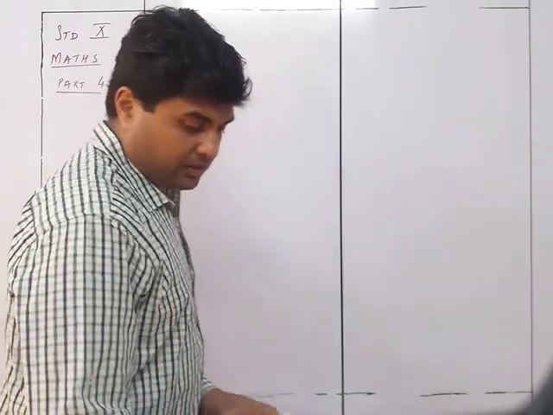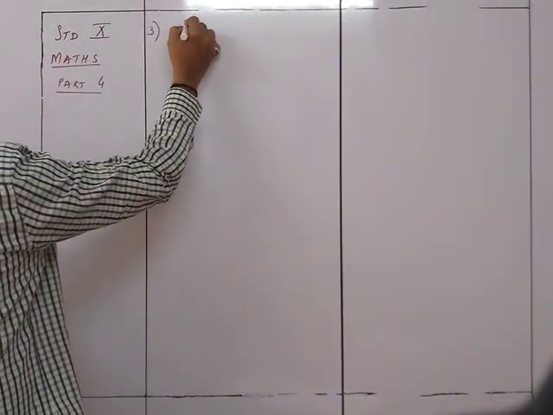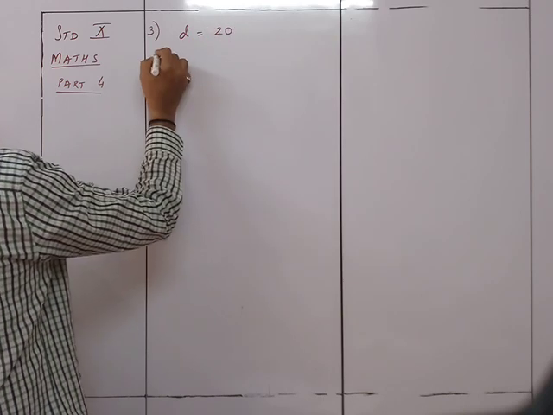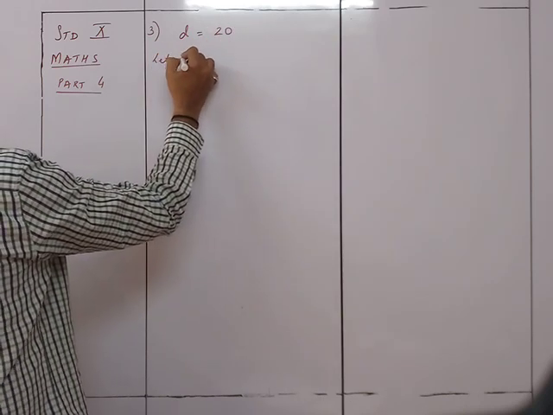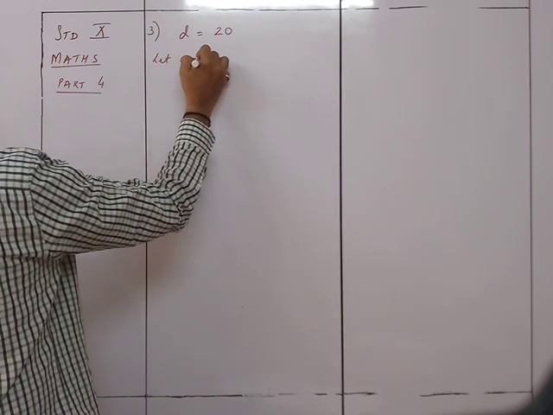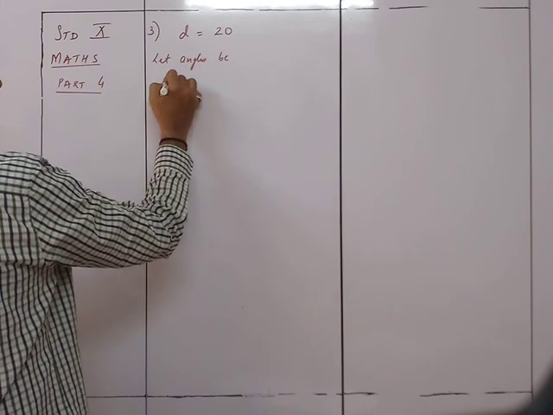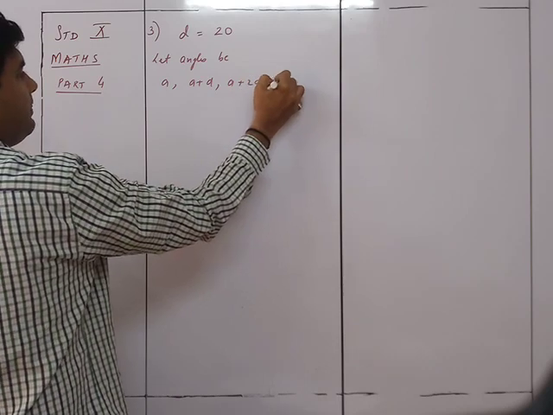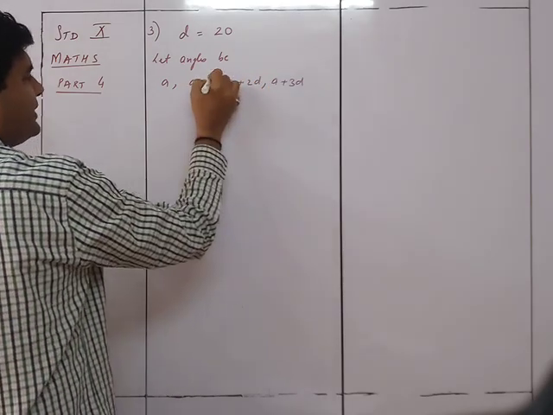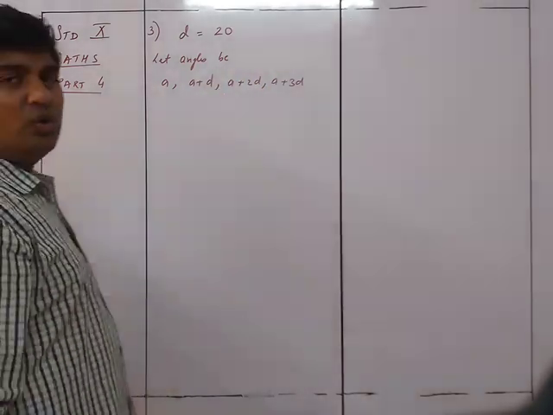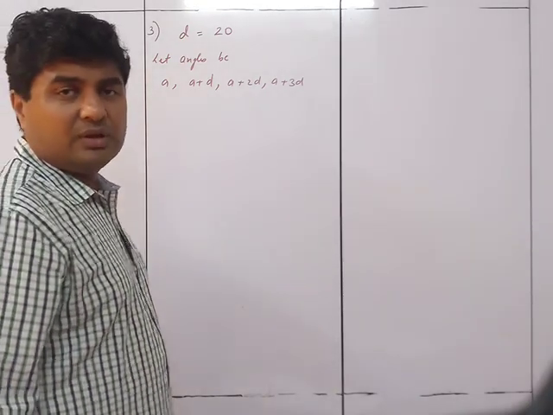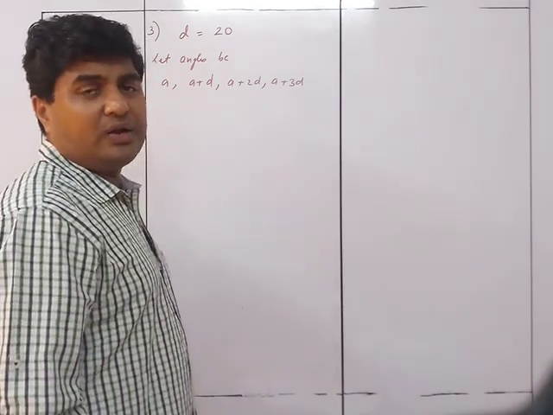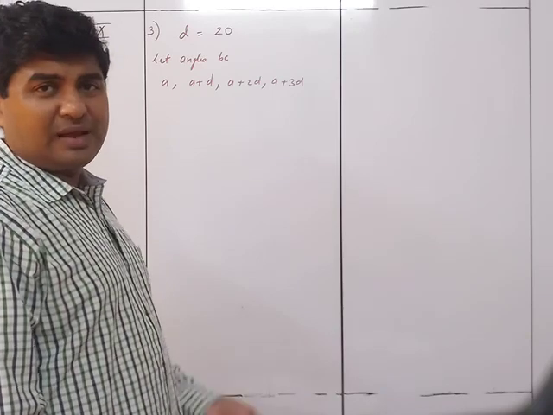So the common difference D is equal to 20. Let the angles be A plus D, A plus 2D, A plus 3D. I am taking it this way because I already know the value of D, so I don't need that particular method of minus plus.